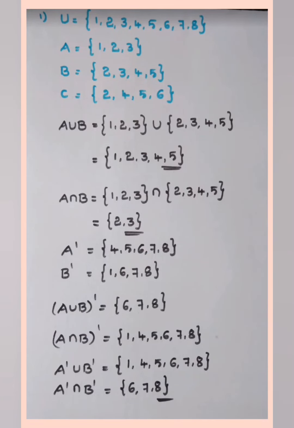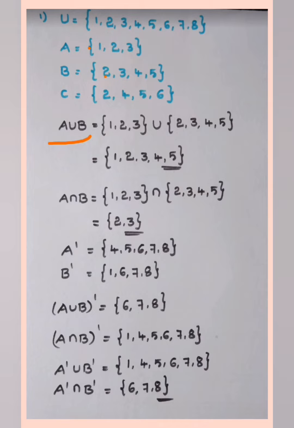Let's look into a sum now. Suppose a set U, that is the universal set, is given as 1, 2, 3, 4, 5, 6, 7, 8, and A, B and C are subsets of this universal set. They will contain elements of the universal set, hence these are called subsets of the universal set. And how do we write A union B?